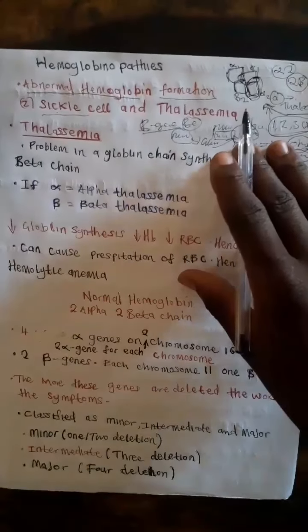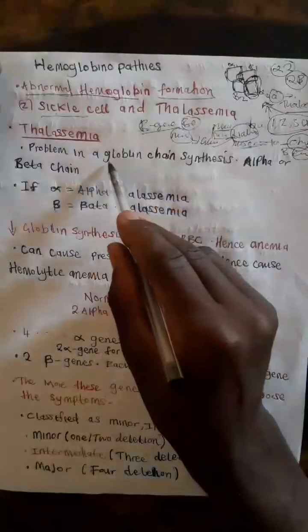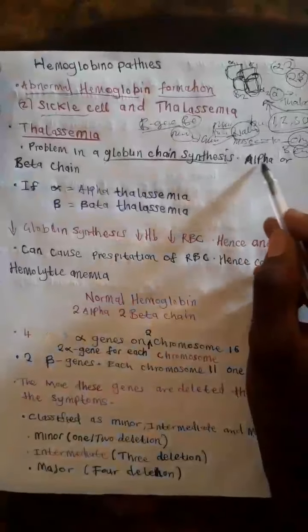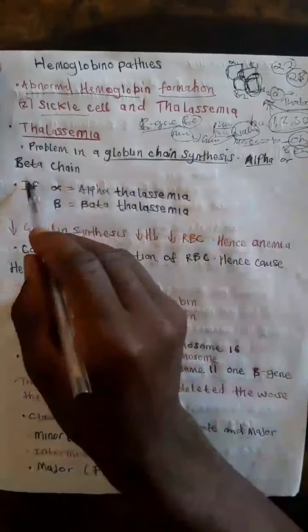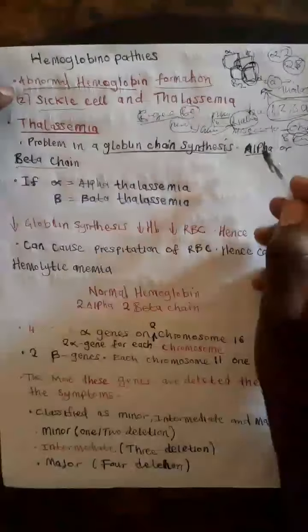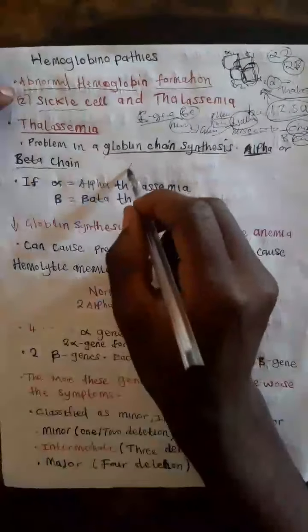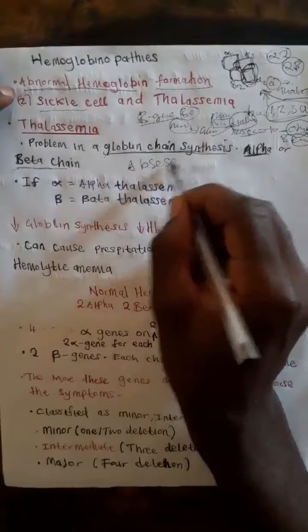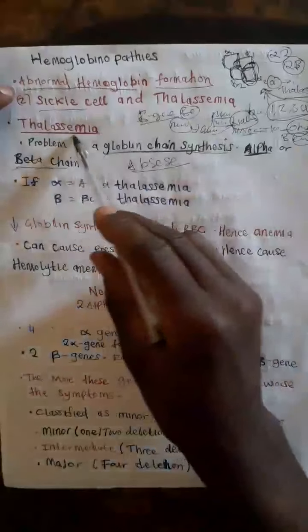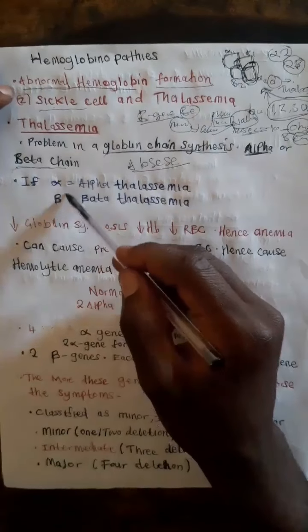So now let's talk about thalassemia in detail. Thalassemia is the problem with the globin chain synthesis. This globin chain can be alpha or beta chain. So depending on which of these chains are absent, thalassemia can be classified as alpha or beta.